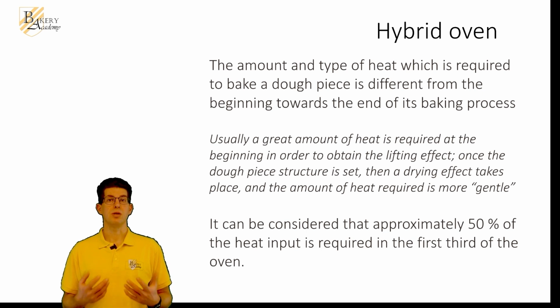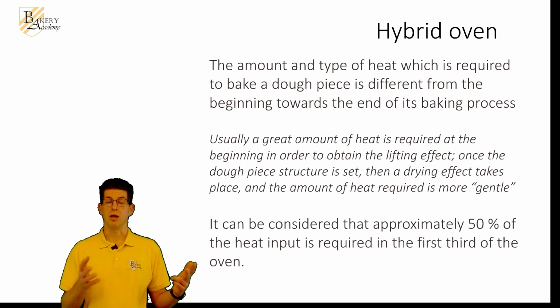One of the things we haven't discussed before is a system we would call hybrid ovens. As we've learned, about 50% of the total heat is required in the first part of the oven, where, if we recall, we have three different zones during baking: development, stabilization, drying.